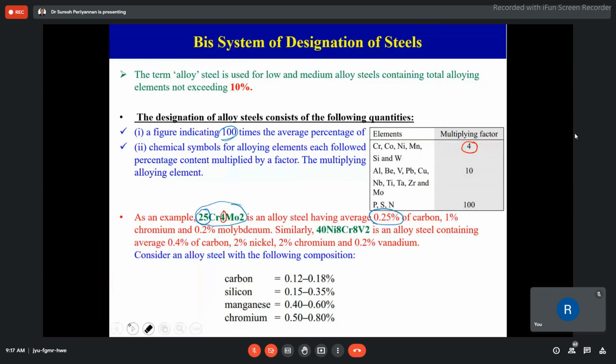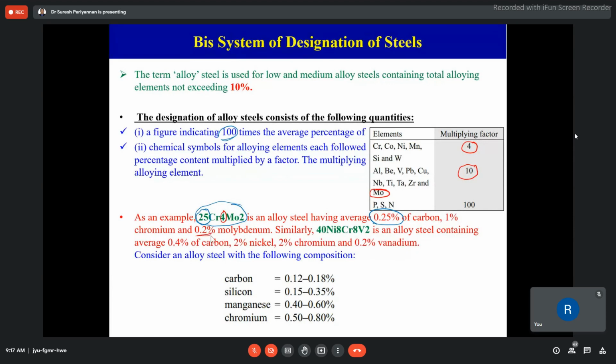Now Mo2. Where is Mo in the table? Here, and this is divided by 10, directly divided by 10. Mo is nothing but molybdenum, so 0.2% molybdenum.